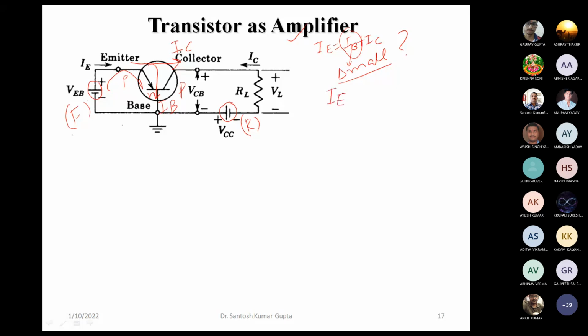In most situations, IC is almost equal to IE, because IB is small. If IB is of the microampere order, then IE may be of the milliampere order, so there may be a thousandfold difference, and that's why we can neglect IB for simplistic calculations.